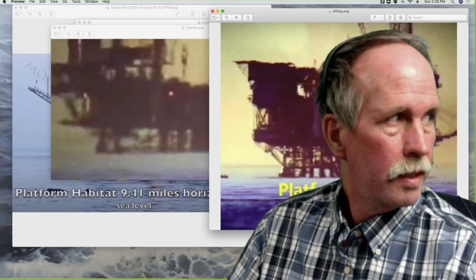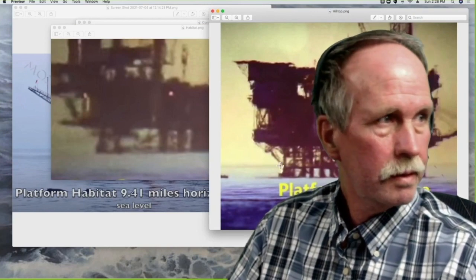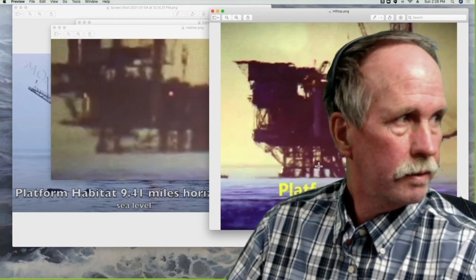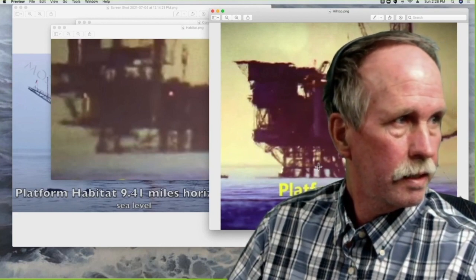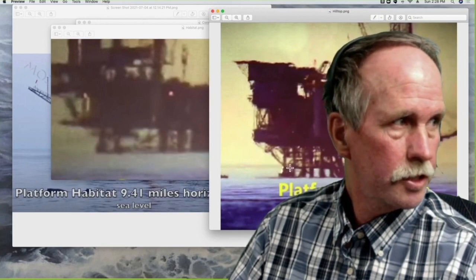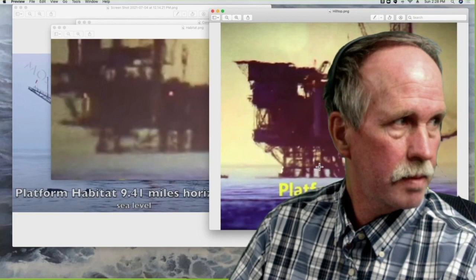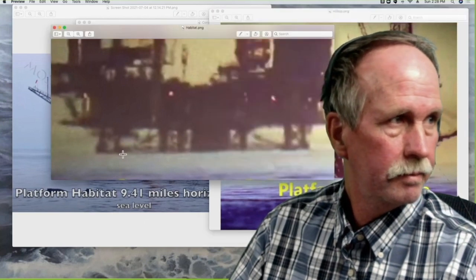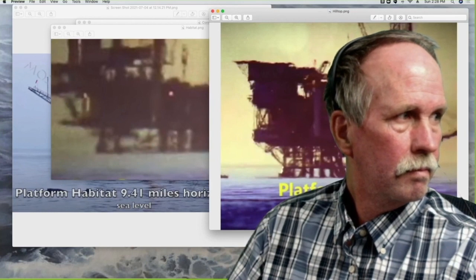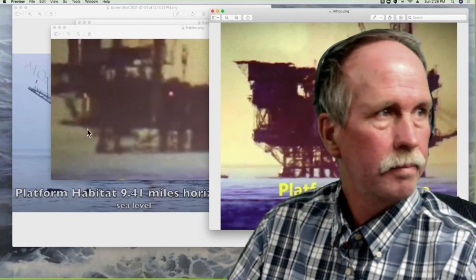So here is, well, let's just start with what we can see. Here is the railing, it looks like, at the boat deck, which is what we're seeing right down here, correct? Would you say that that is approximately the same level as that? I'm looking at this, though. If you look at the left of habitat. Here.